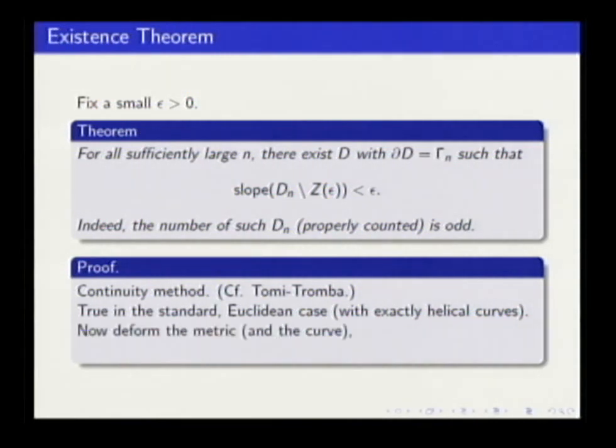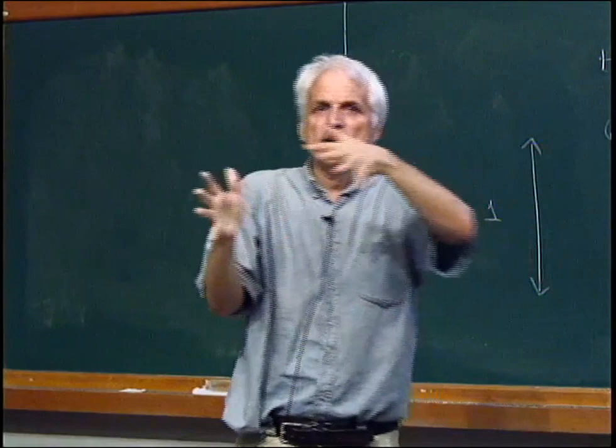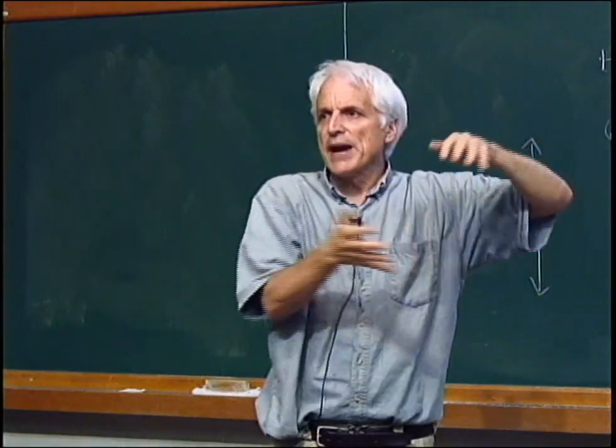Okay, so it's true if you start with the Euclidean metric and curves that are exactly helical. And now the idea is to start with that and deform the metric and the curve until you get the configuration that you want. You start with the standard configuration, where you know the answer is true, and you try to show that it remains true as you deform it. Now if you take a curve in R3 that bounds some minimal disks, and you start deforming the curve, then the number of disks it bounds can change.